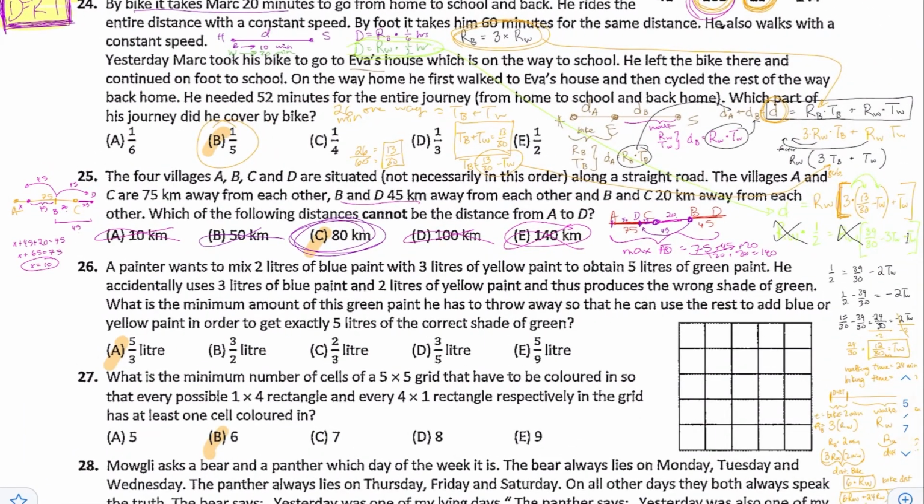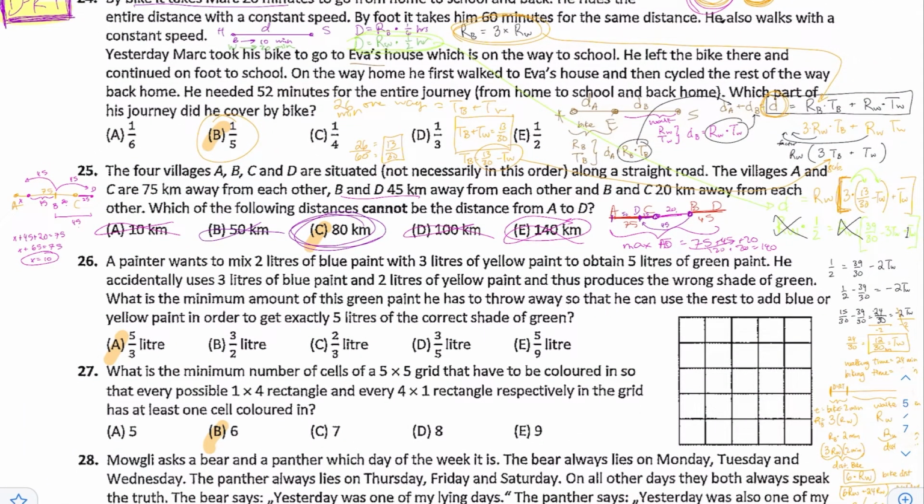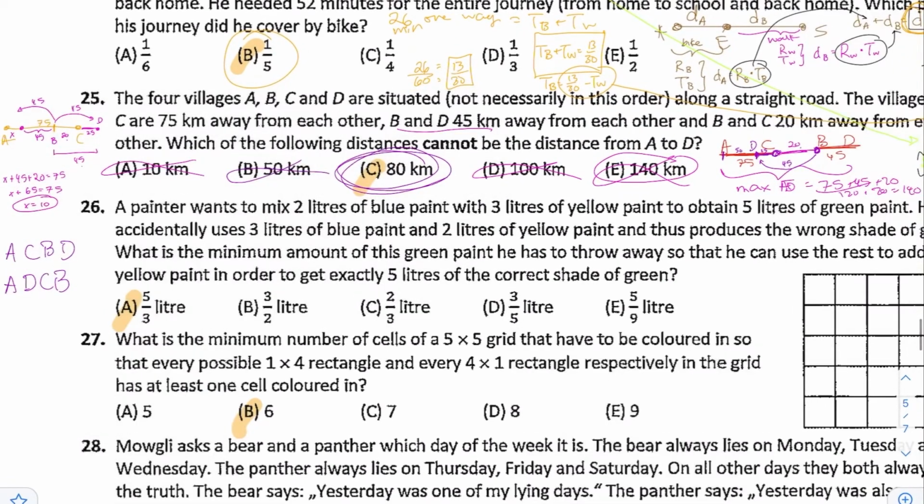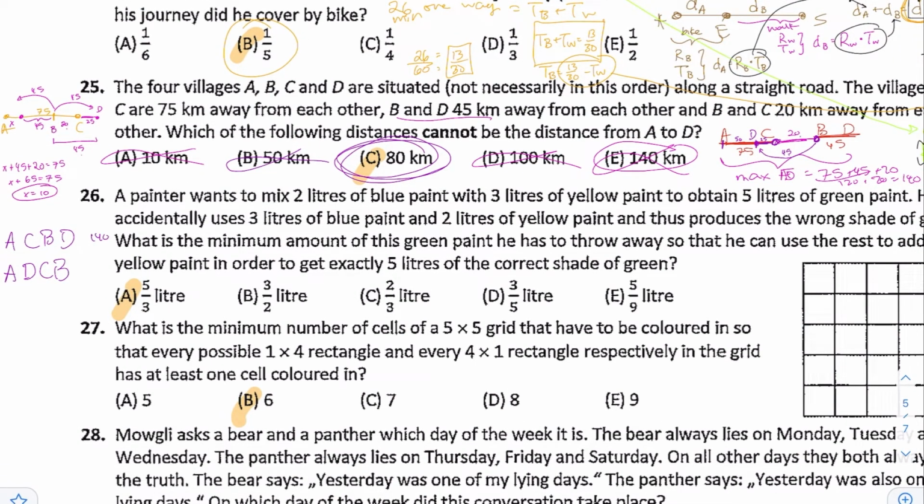So the four possibilities would be to have A and then C, where you can have B to the right, or you can have A and then DCB. So the first one would be the maximum of 140. This one would be the 50.